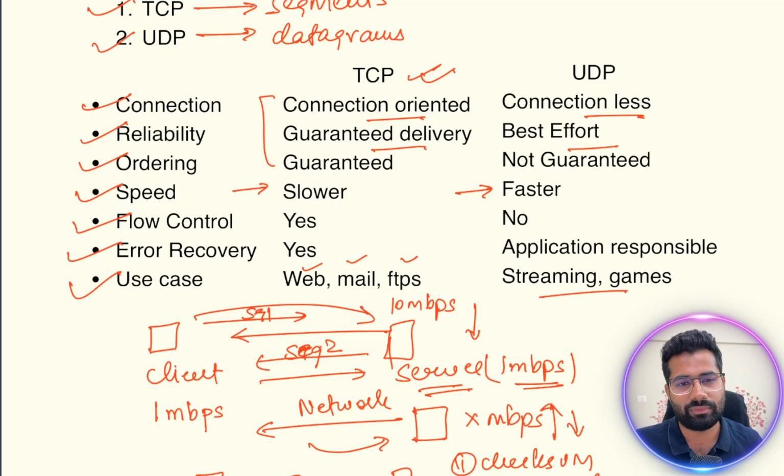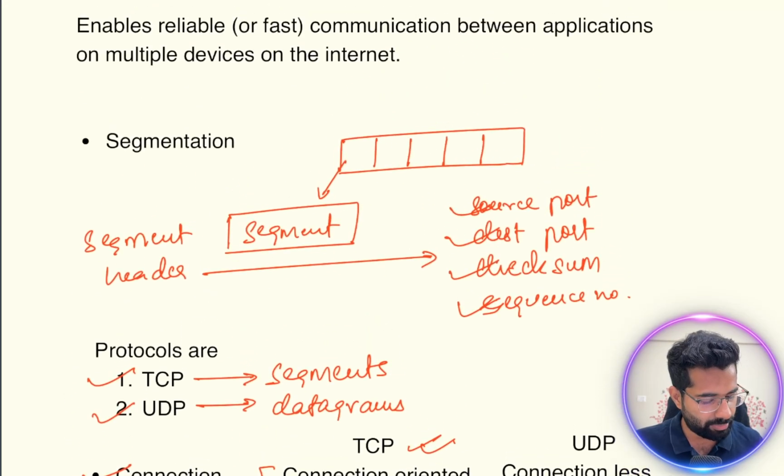And while using VoIP calls or audio over internet, even if some data is lost or the ordering is not guaranteed, it's okay, but we need faster data connections. So that's all about the transport layer.